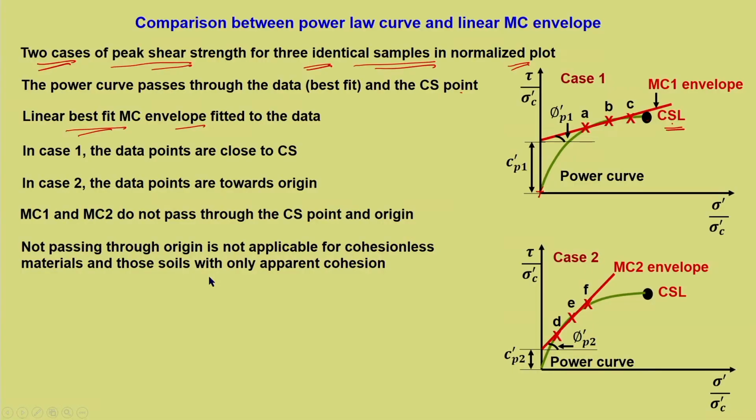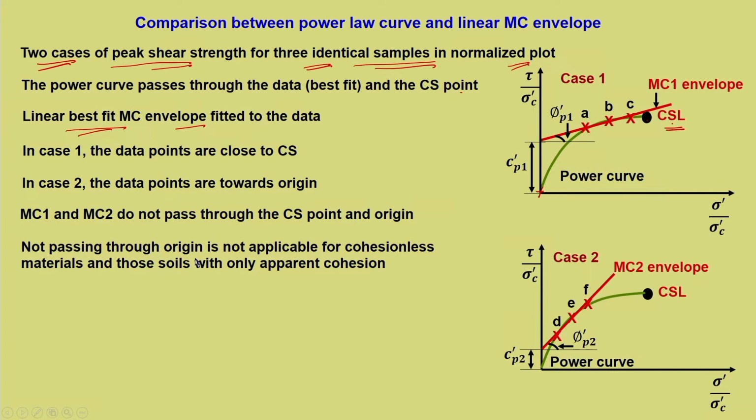For peak, we know that it has to pass through the origin to satisfy the lower end, and it has to pass through the critical state to satisfy the upper end. Both Mohr Coulomb failure envelope best fit lines will not pass through these two points. So, you can see that the Mohr Coulomb is a kind of violation for representing the peak behavior, but still it is valid. We will see how.